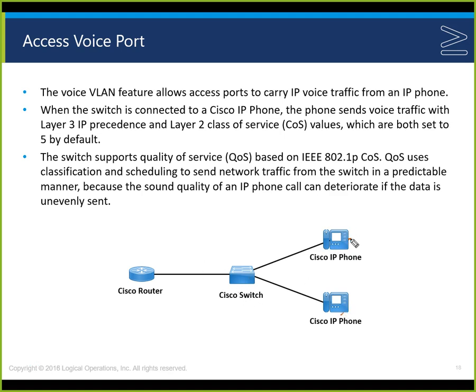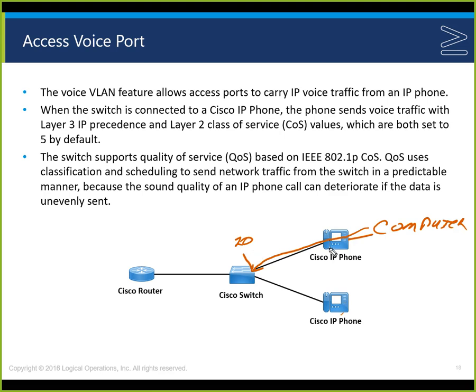What we would do here is plug the computer into the switch. If we are on a VLAN on this port, let's say VLAN 20, the Cisco phone sends the frame through it to this port. It then becomes part of VLAN 20.